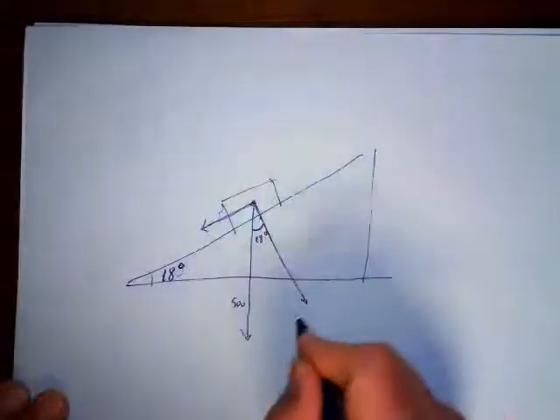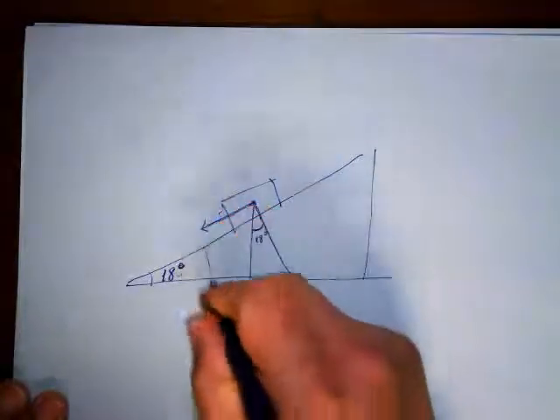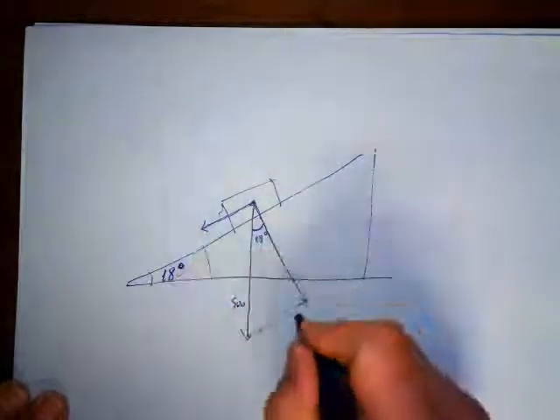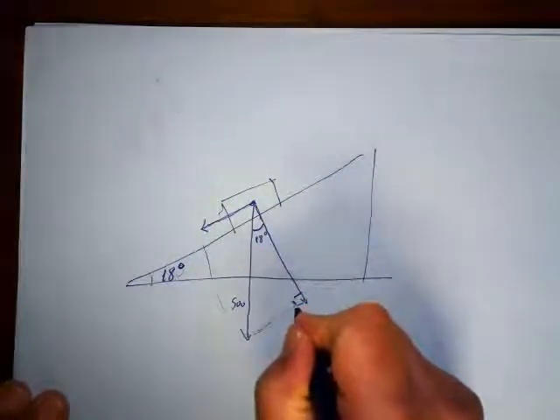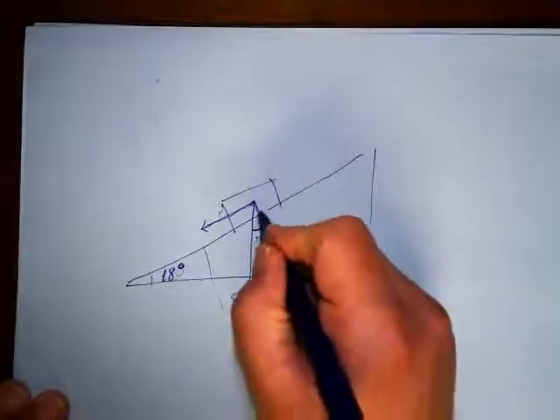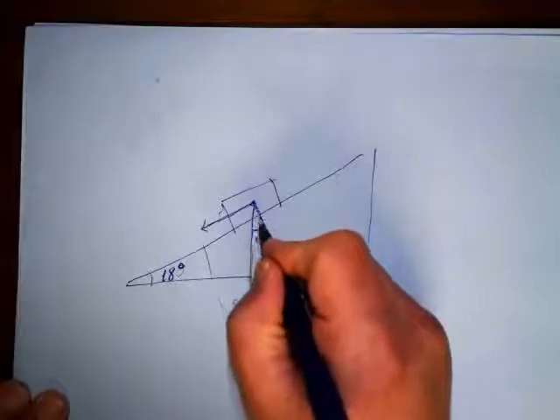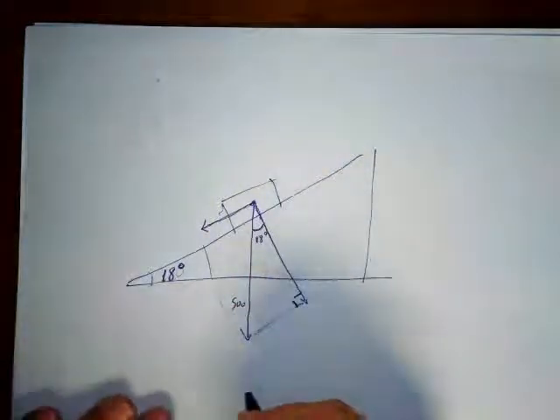And since this and this is the resultant, these are parallel, just like these are parallel. Since these are parallel, then this is going to be a right angle here. And the reason for that is that this is parallel to this, and this is perpendicular. These are at right angles. So those are at right angles.